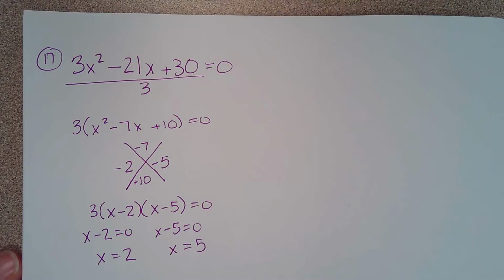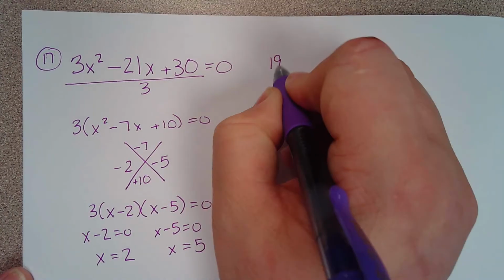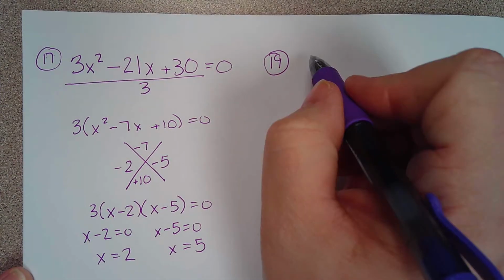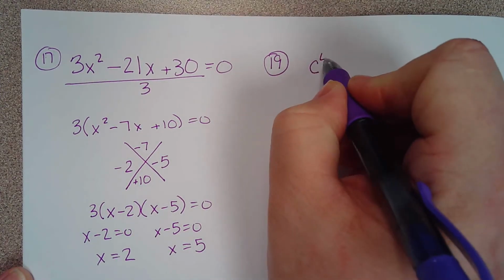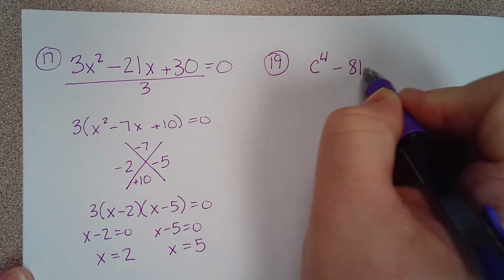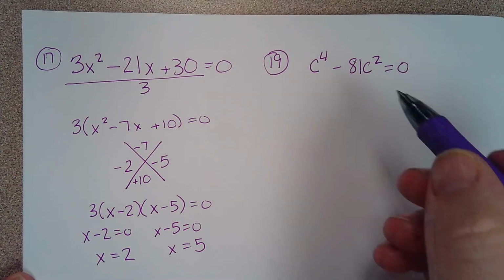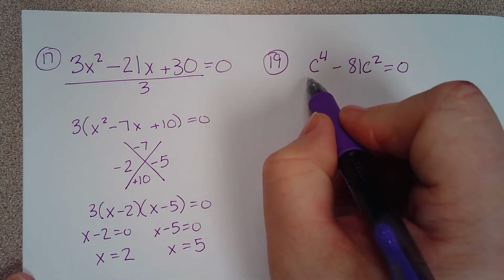Now, looking at number 19, because 18 is just like 17, 19 is a little different. This is taking the difference of squares and changing it a tad. So the first thing you need to realize is that we have to pull out or factor out a c squared.